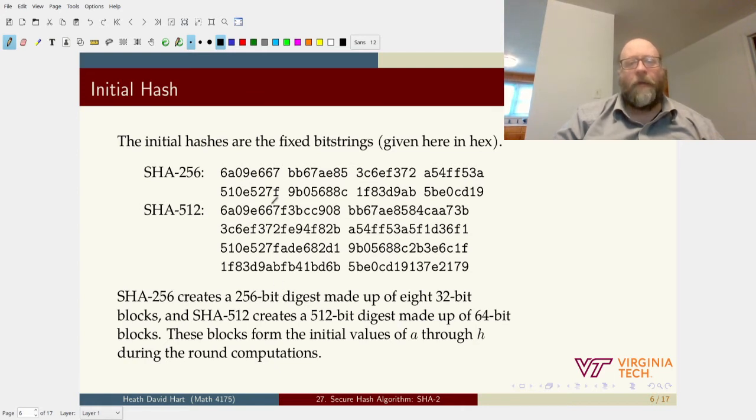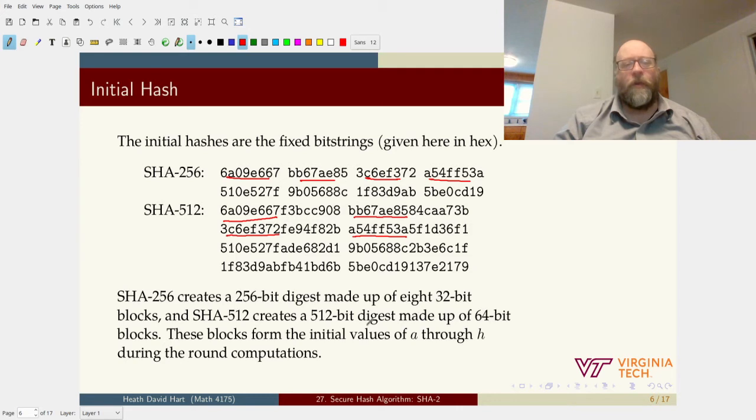And if you'll notice, the 8 shorter blocks in SHA-256 are actually just the beginnings of the 8 longer blocks in 512 mode. That's not a coincidence, that's what these blocks here are. So SHA-256 creates a 256-bit digest made up of 8 32-bit blocks.